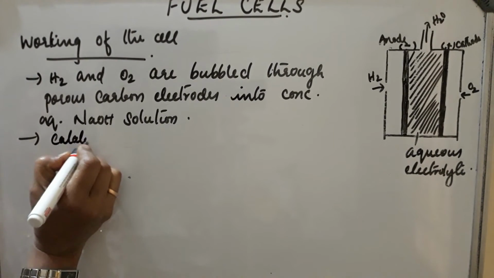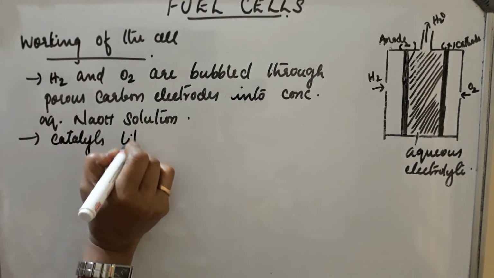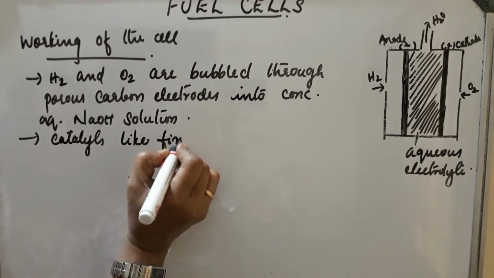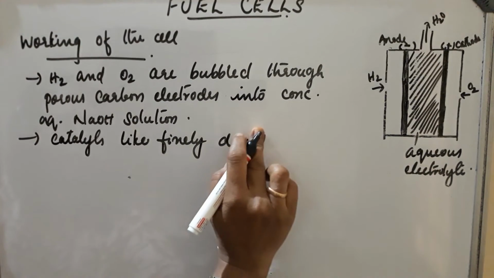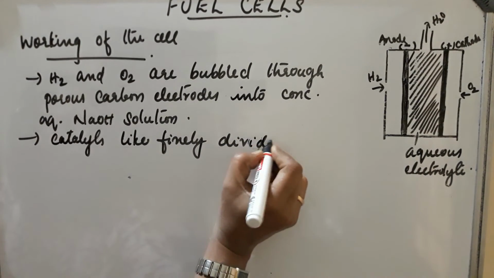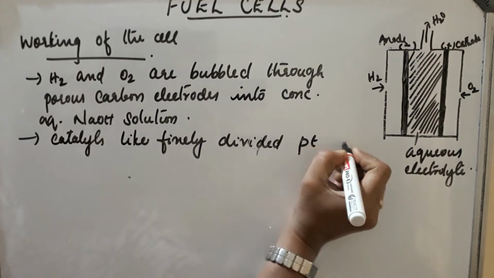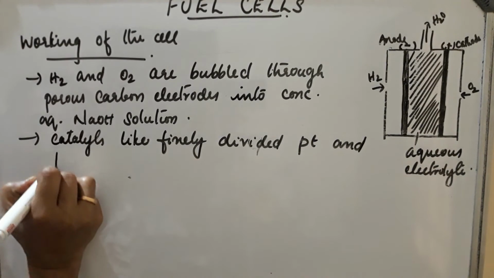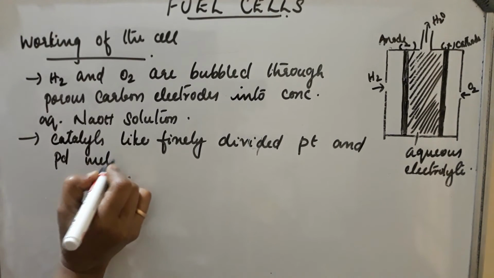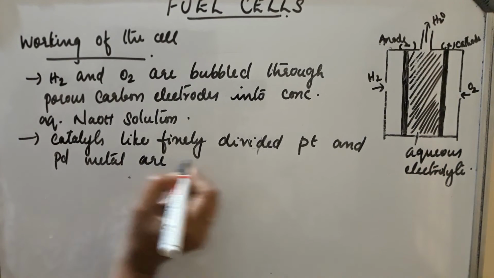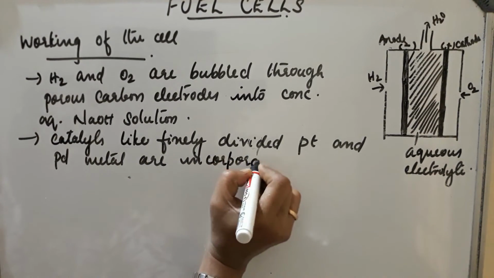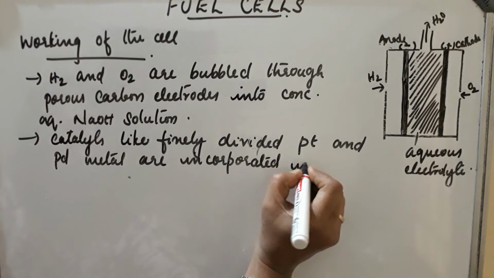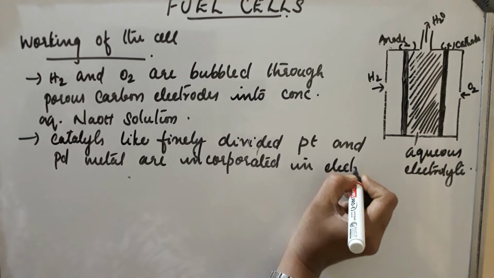Catalysts like finely divided platinum and palladium metal are incorporated in the electrodes, so they are present in the electrodes. Why are we using this?